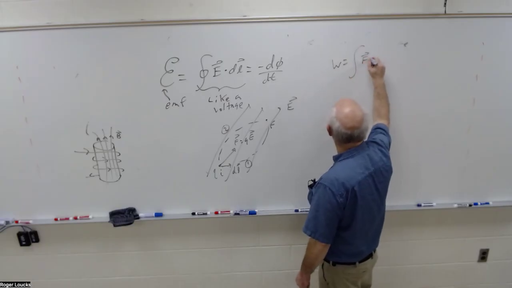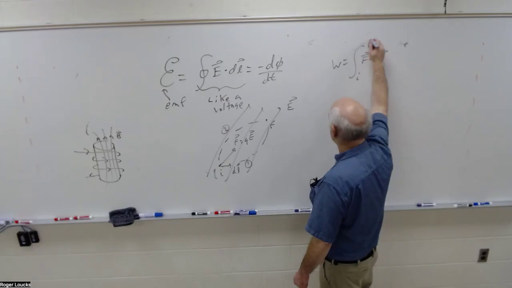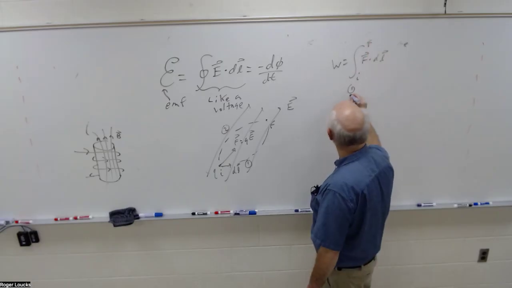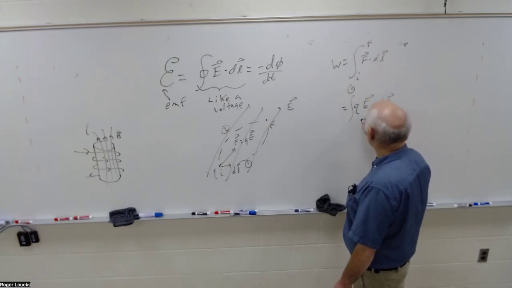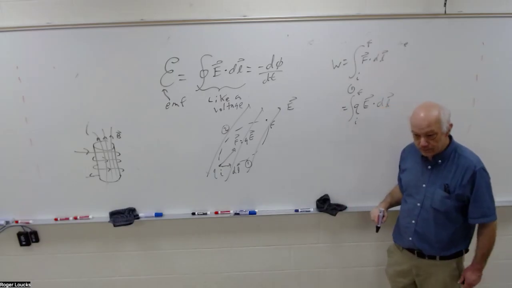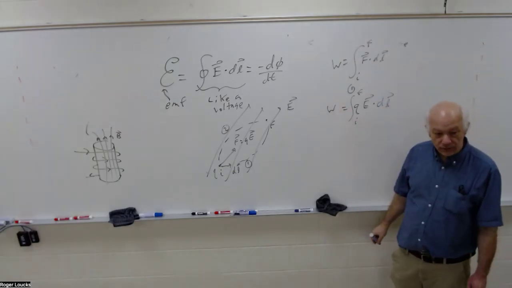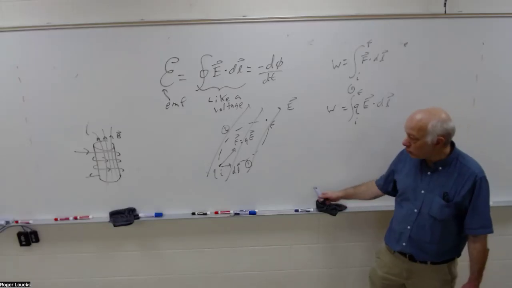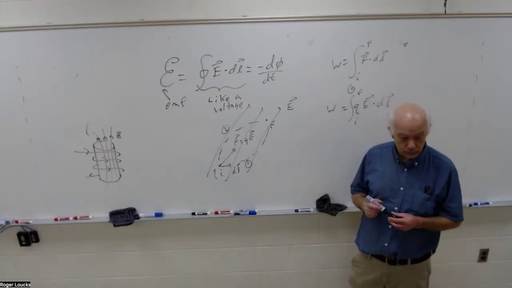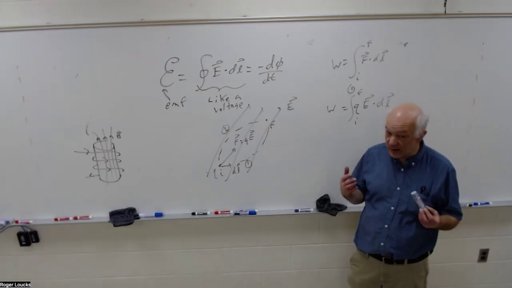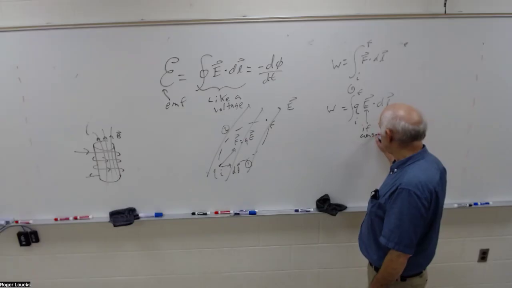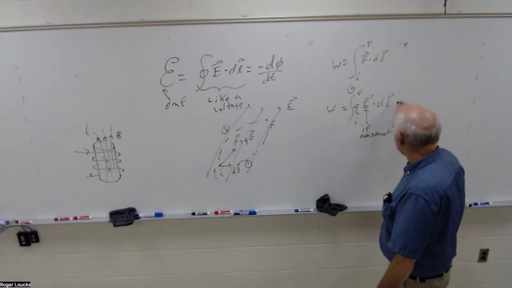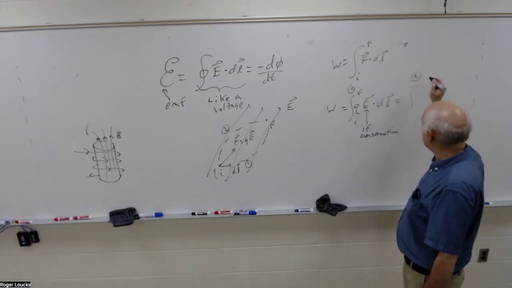It's going to be that force dotted into dL. This is from some initial to final spot, along path 1. And this is your Q times the integral of E dot dL like that. Right? Now, if this is conservative, what do you know then about the work along path 2? Same. It has to be the same. So if this is conservative, this has to be the same thing along path 2 with this guy here.